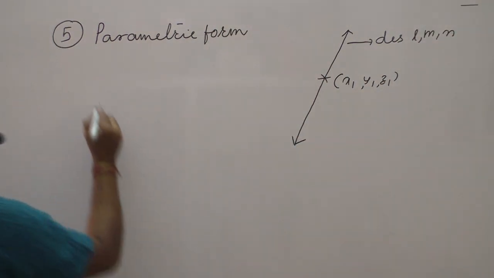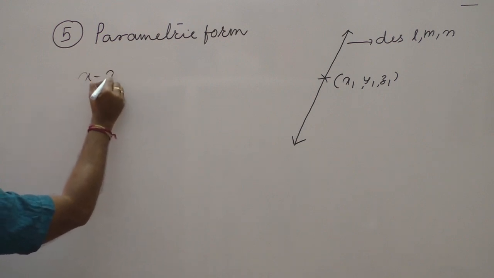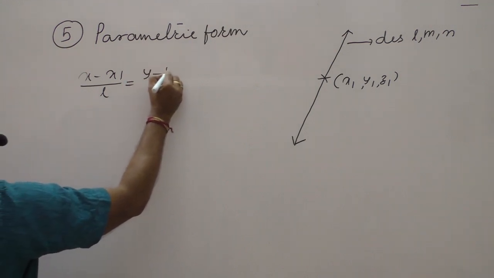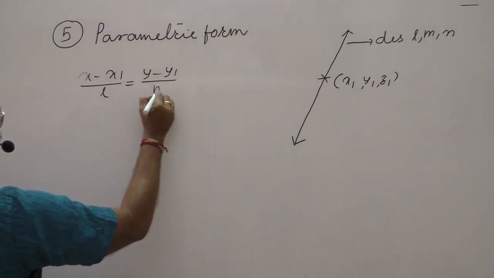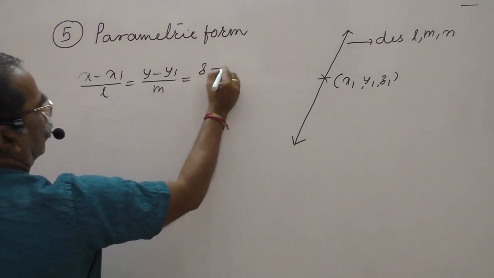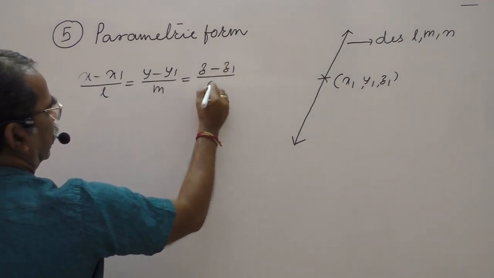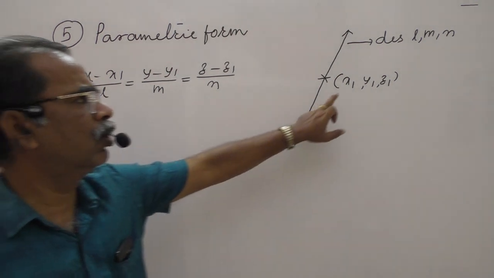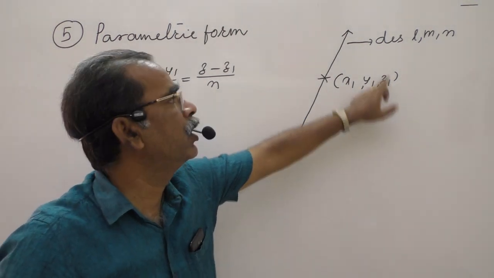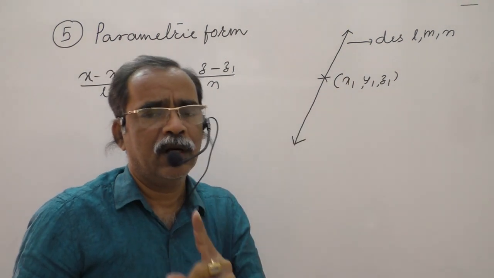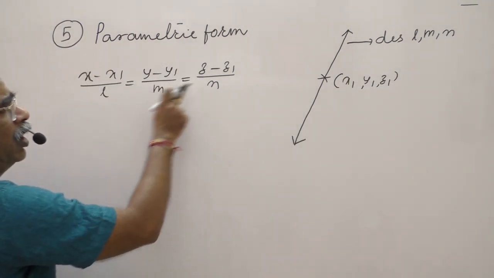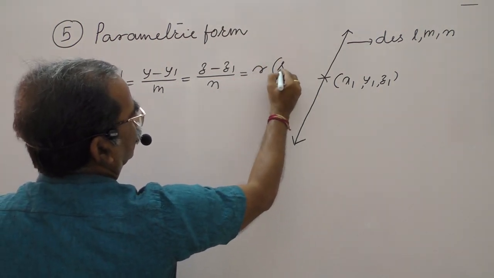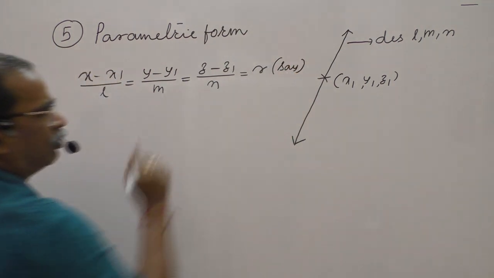Then the equation of this line is (x minus x1) by l is equal to (y minus y1) by m is equal to (z minus z1) by n. This is the equation of the line passing through the point x1, y1, z1 and having DCs l, m, n. So these three are equal, no? Say they are equal to r.